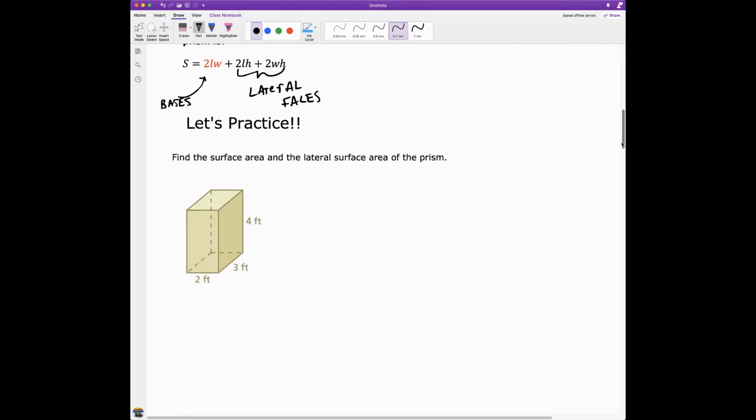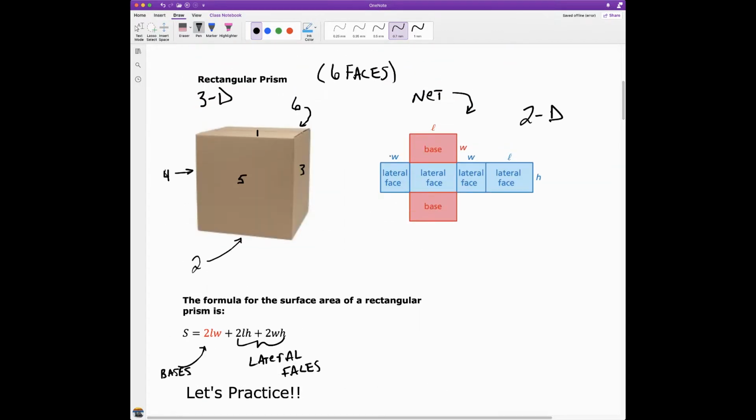If we look at our box for a second, typically the bases, think of as you sit the box on the floor or on the ground, that face that's on the ground is going to be a base. And then the face opposite of this one, up here, would be your other base. Which means these faces, 3, 5, 4, those would be your lateral faces.